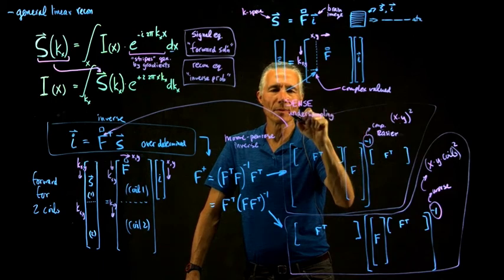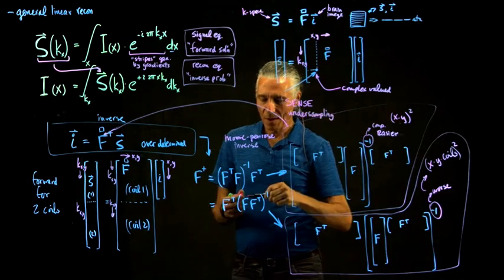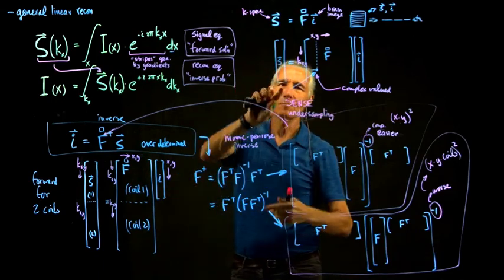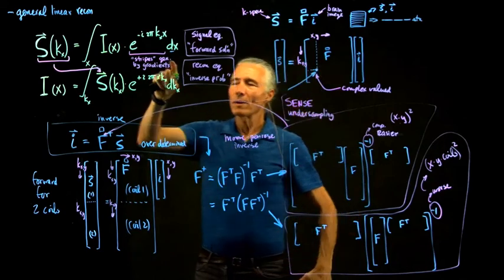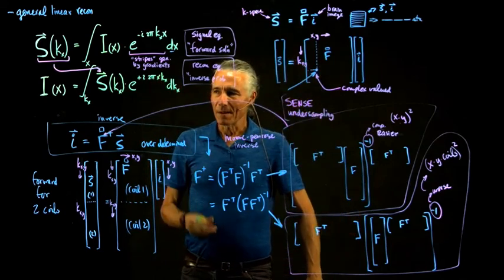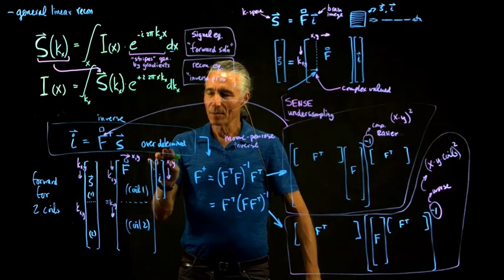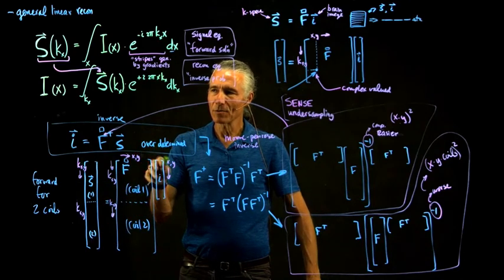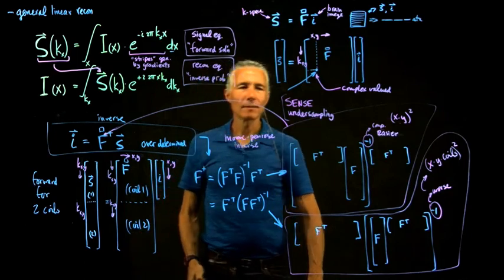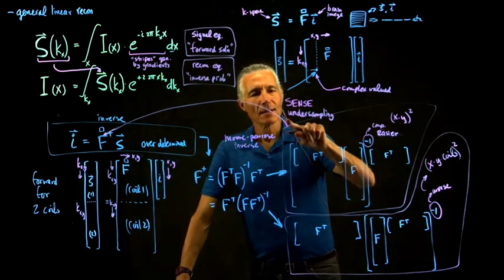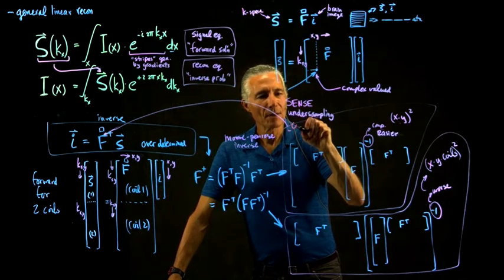If we undersample the data, what if we just leave out some of the data? We've got 32 coils, so it's way overdetermined, and we should be able to strategically leave out some of the data. And there's a method called compressed sense.